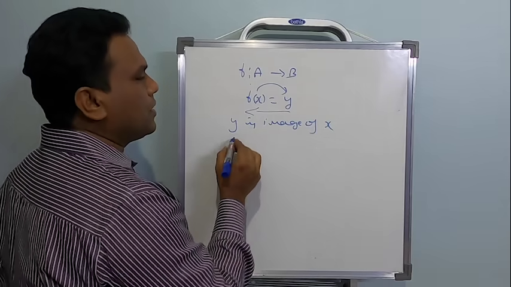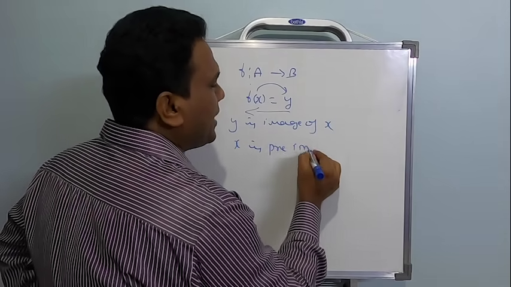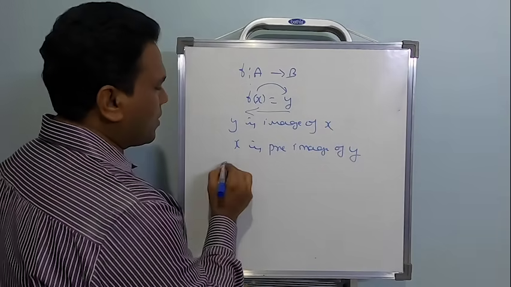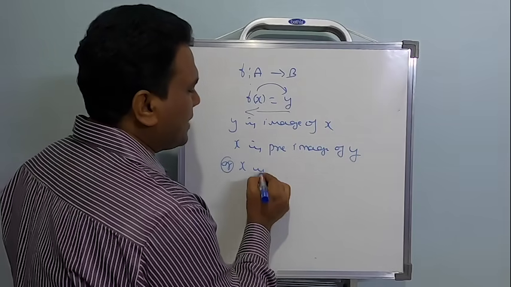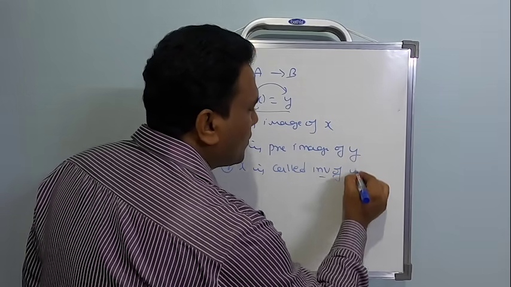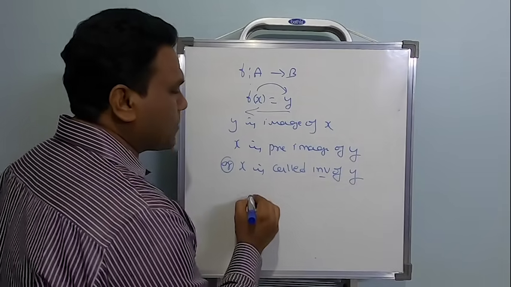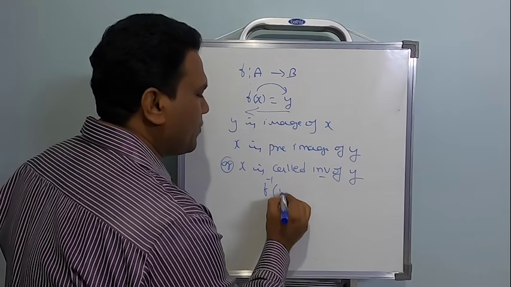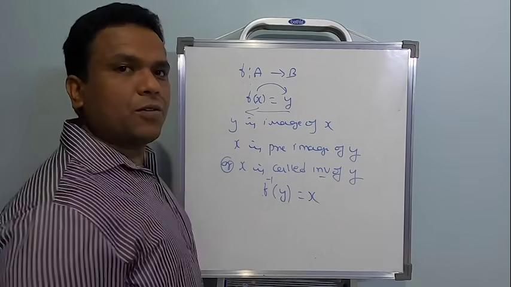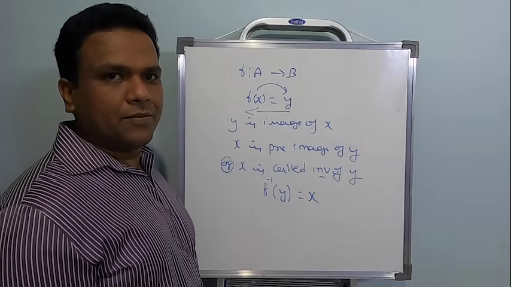Now you will be calling x the pre-image of y, or x is called inverse of y. It is practically denoted by f inverse of y. This is the way to write the symbol. f inverse of y will be equal to x. That's how inverse of an element is defined.